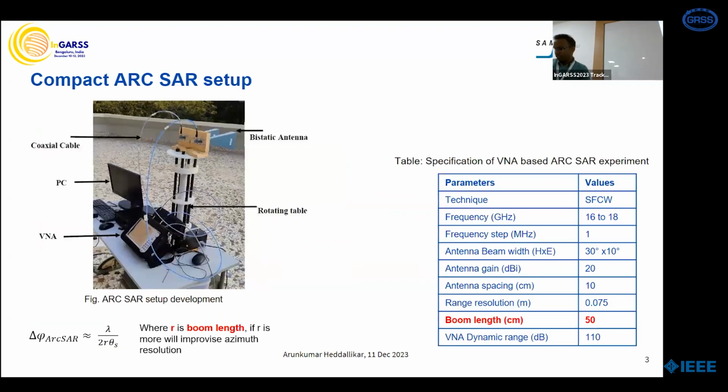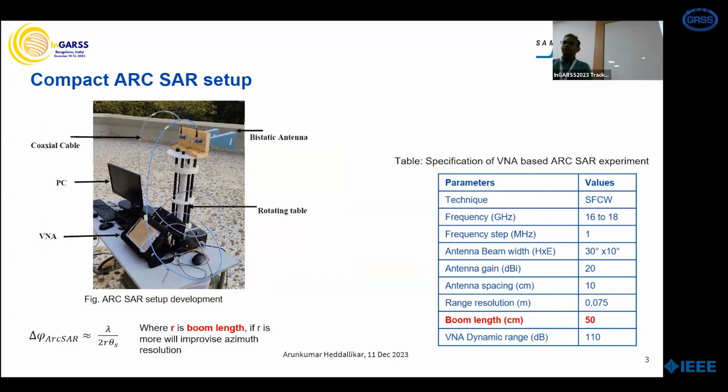In the specification, the azimuth beam width is 30 degrees, so I have to scan up to 30 degrees. When we go for linear stripmap mode, there also we have to do the complete scanning over the synthetic aperture, that is the antenna beam width.